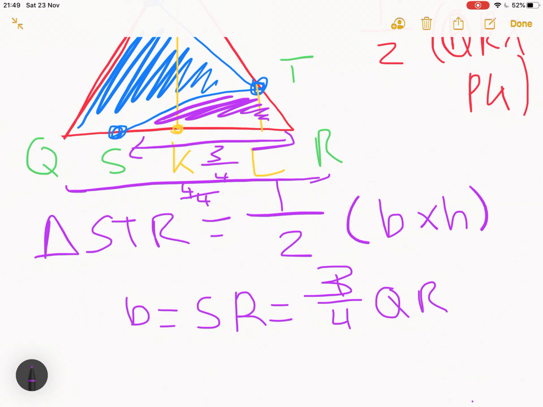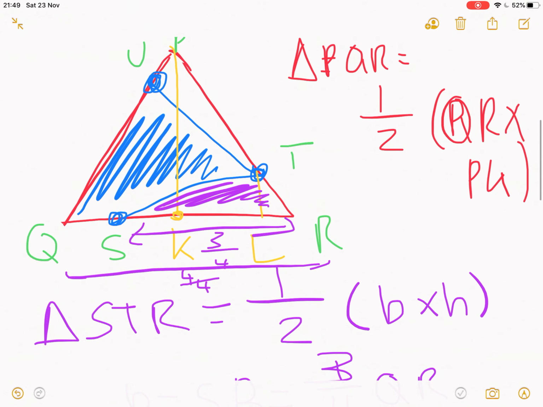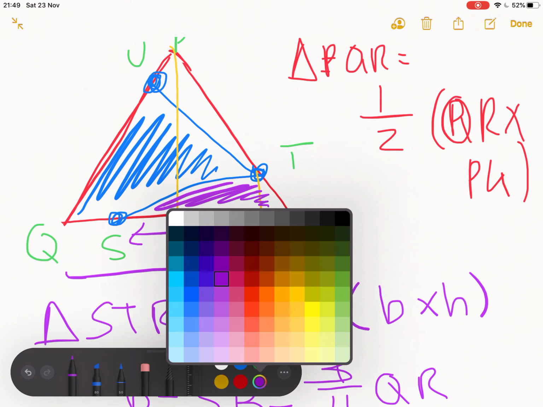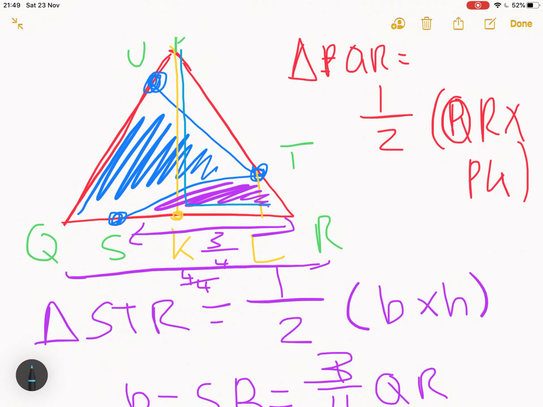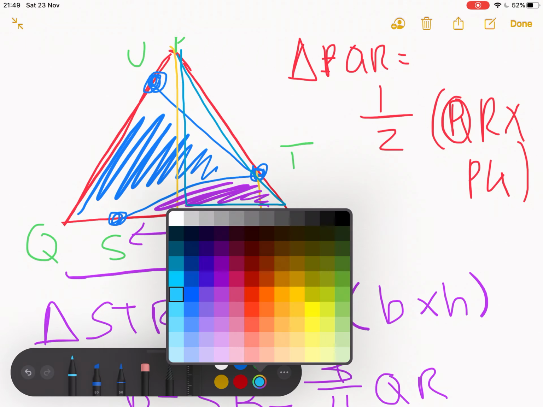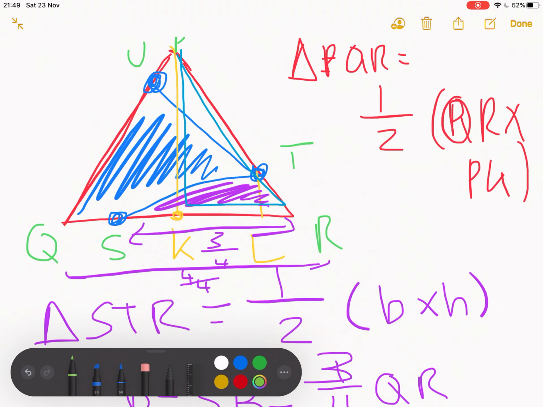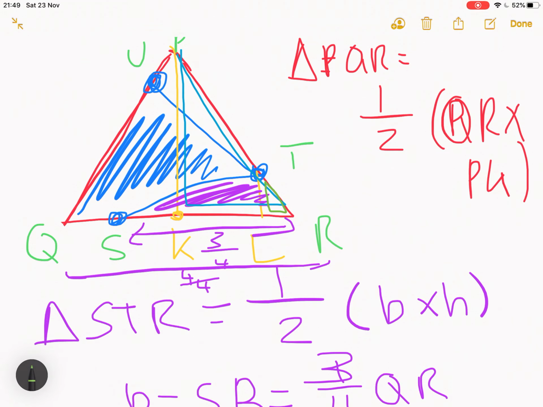And then to find our height, which in this case we've made TL, we obviously don't know the dimensions of that, but we do know that the triangles PKR and TLR are similar.